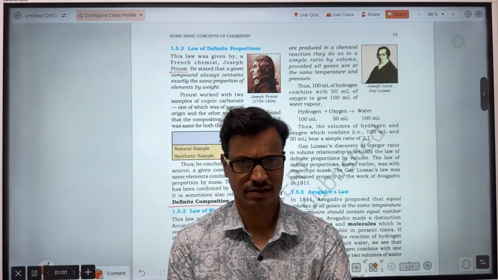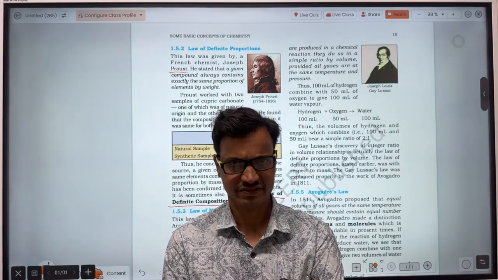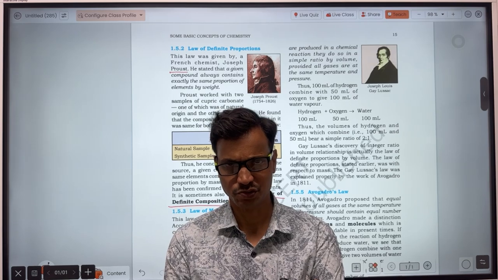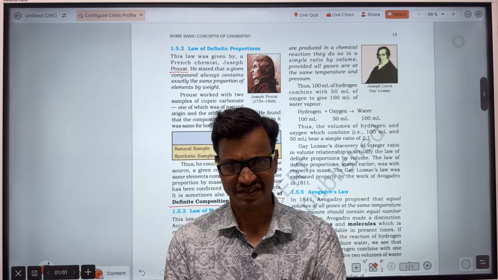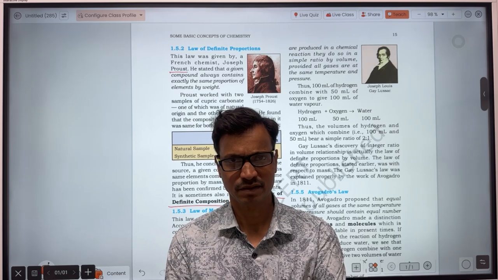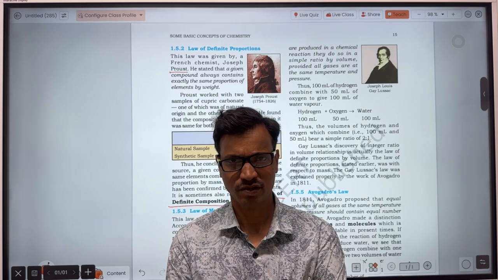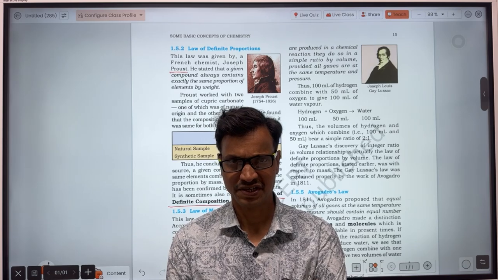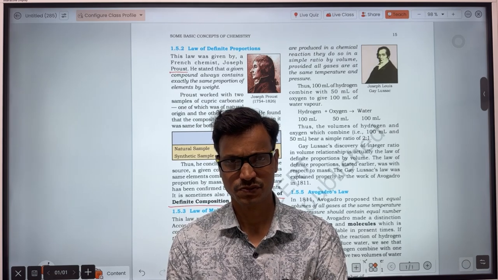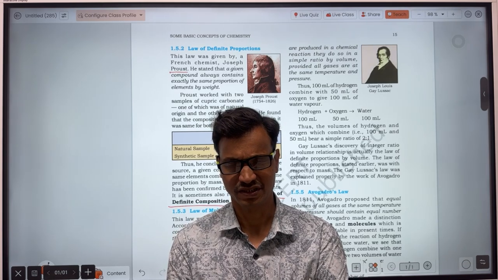This law states that whatever be the source or method of preparation of a compound, the ratio of the constituent elements of a molecule will always be constant.